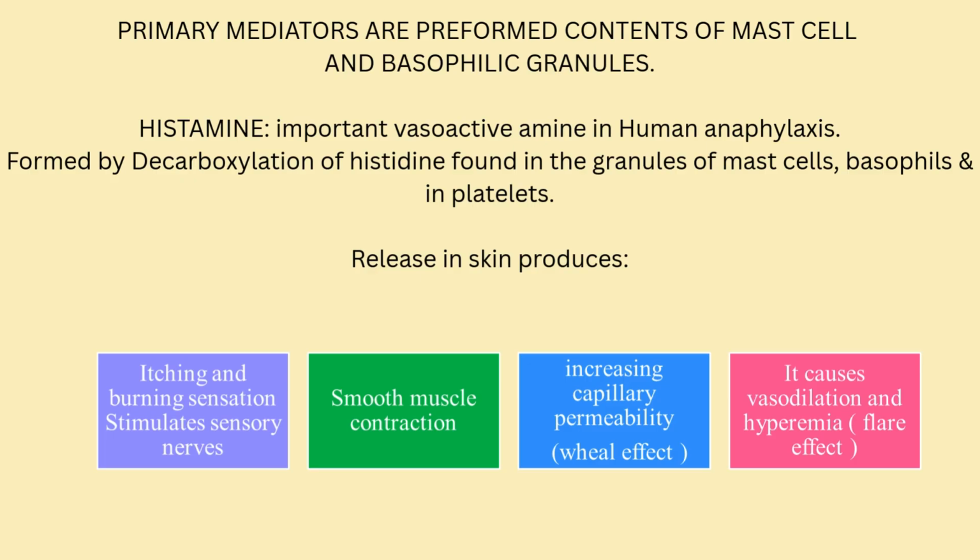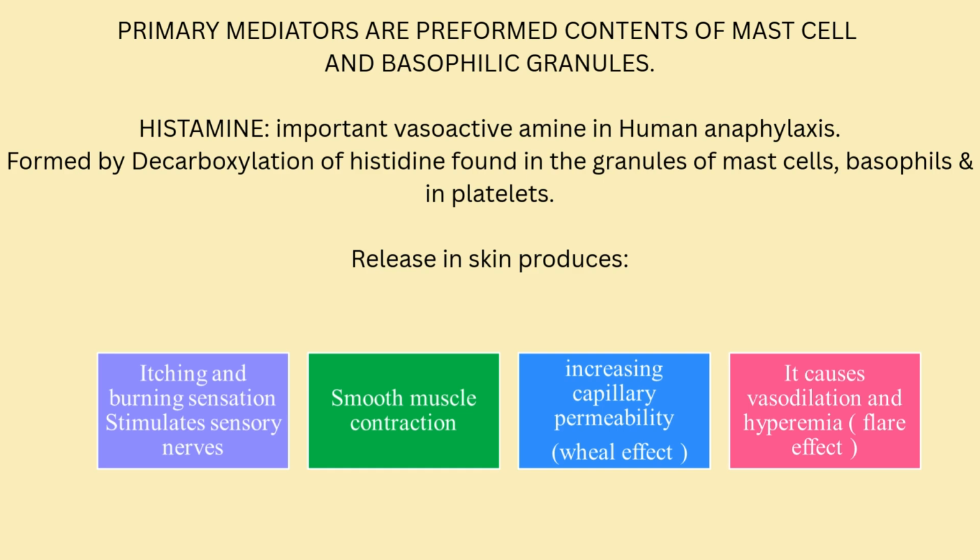So we all understood that when the first exposure occurred, the antibodies were already formed, correct? The primary mediators are preformed contents of mast cell and basophilic granules that are merely released during the second exposure with the allergen. Histamine is the important vasoactive amine in human anaphylaxis, formed by decarboxylation of histidine, found in the granules of mast cells, basophils and in platelets.